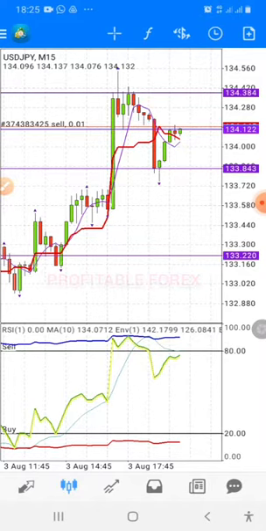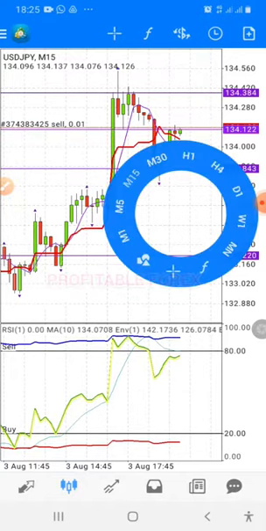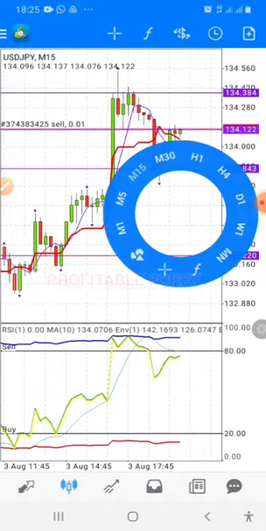So let's look into how the strategy works. We are using a few indicators to aid our analysis. You can use it for any currency pair, but I'm currently on USDJPY.